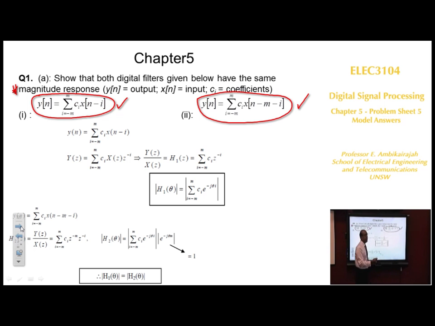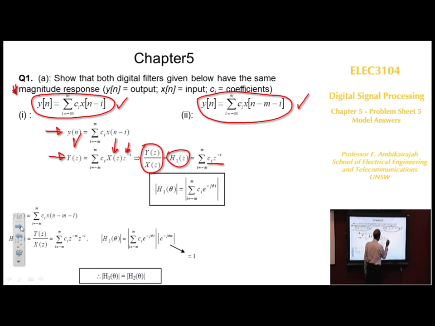So we do one at a time. We start with the first one. So we write the equation, and then you take the z transform, Y(z). You know how to do that. Then you find the transfer function Y(z) over X(z), which is H1(z).